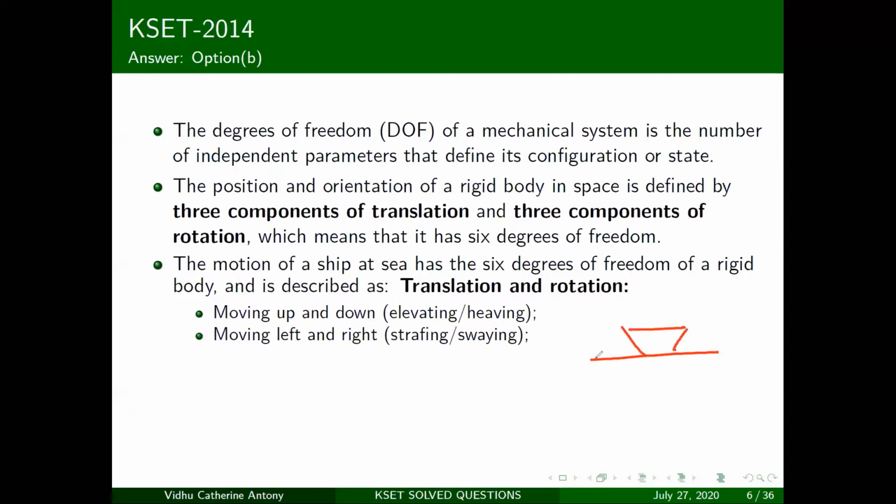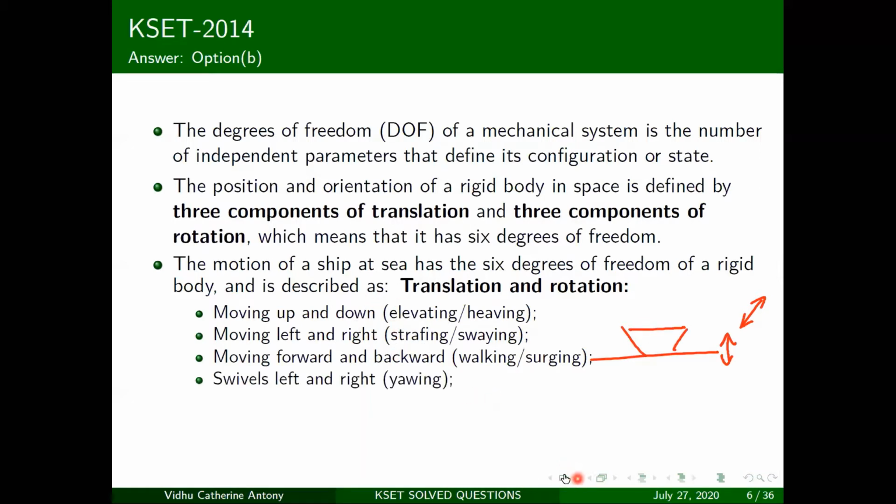It's extremely turbulent out at sea, so it's going to be moving up and down. It's also going to be moving left and right. Then you would have it move forward and backward as well. And if there's a storm at sea, you would start experiencing a little bit of rotation. These are basically your translational motions.